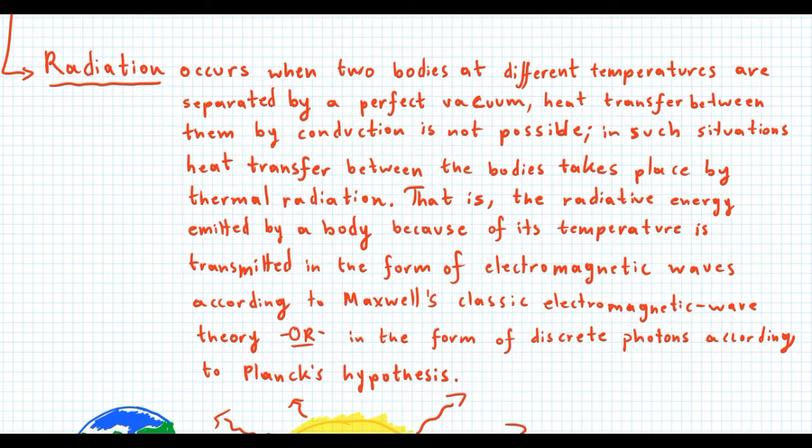In such situations, heat transfer between the bodies takes place by thermal radiation. That is, the radiative energy emitted by a body because of its temperature is transmitted in the form of electromagnetic waves, according to Maxwell's classic electromagnetic wave theory, or in the form of discrete photons, according to Planck's hypothesis.